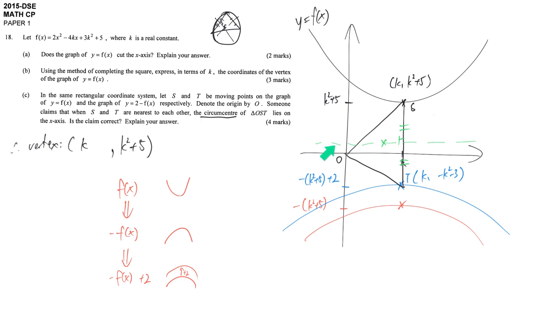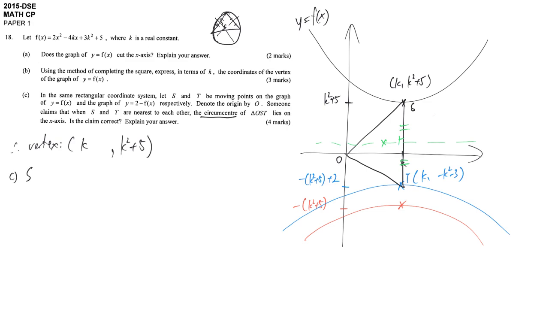Of course, our answer is no, because it should lie on this horizontal line, which is not the x-axis. They never cross each other. So to be more precise, our target is to claim the circumcenter lies on the green line. We are going to find the height of the green line and then say that it's not the x-axis.